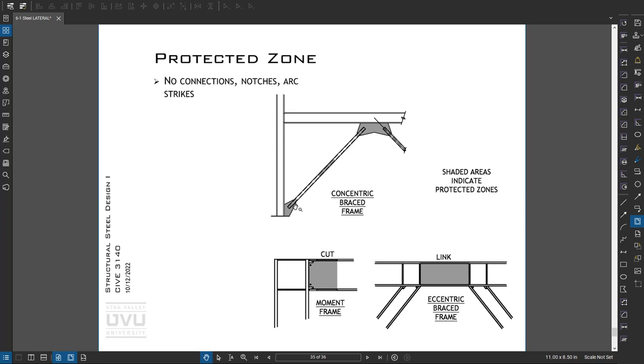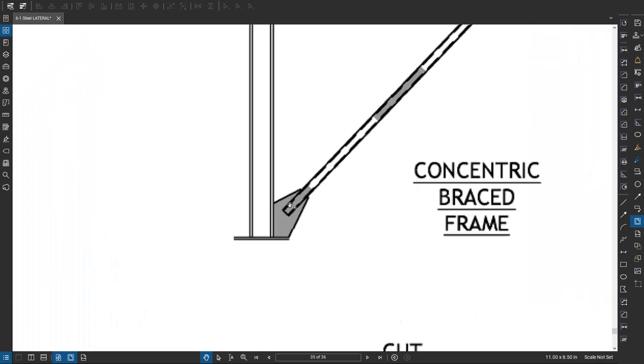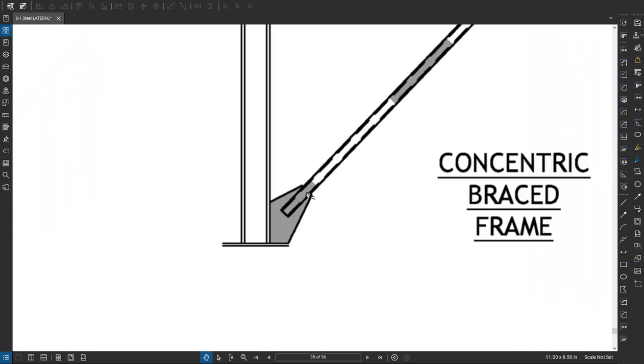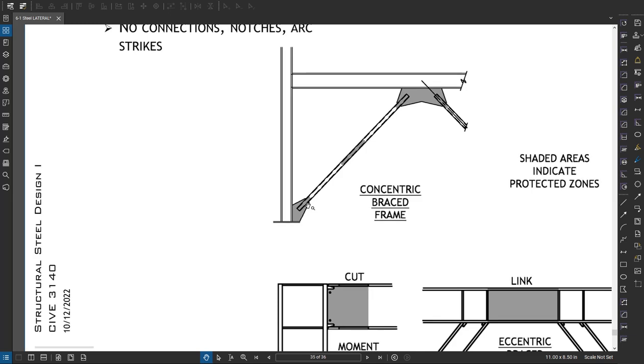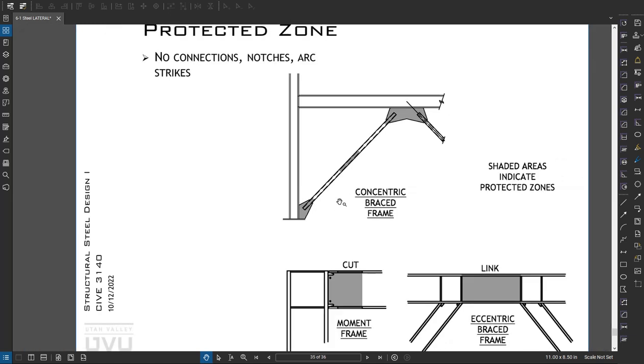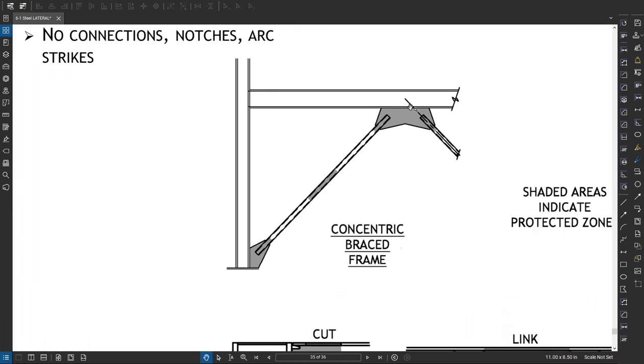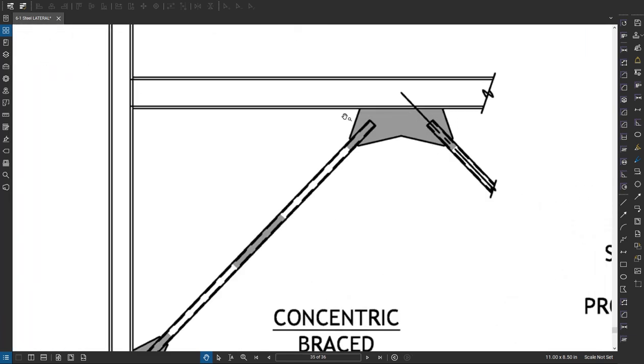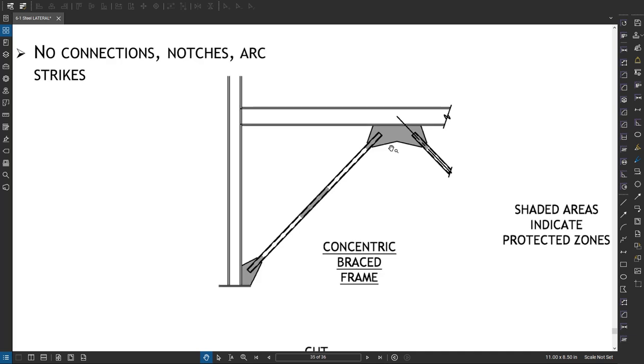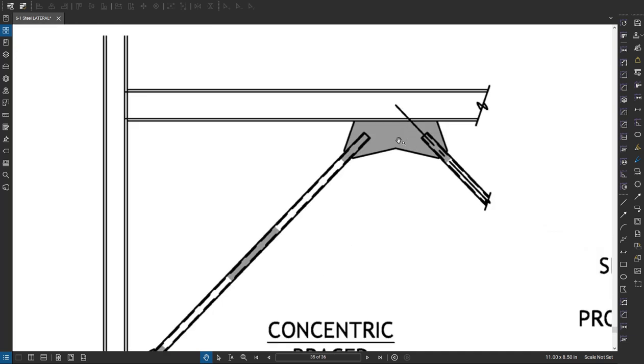And the reason for that is because there's so much plastic deformation going on in the yielding, any arc strikes or notches will start cracks and end up fracturing the connection. So in those zones, generally, it's good to call those out to be painted a bright color so the people working in the field can say, oh, that's something I need to stay away from.